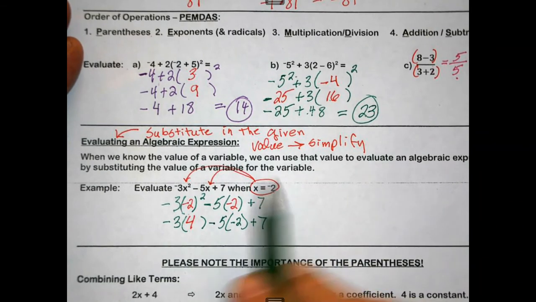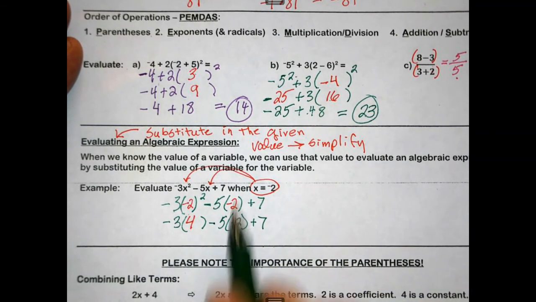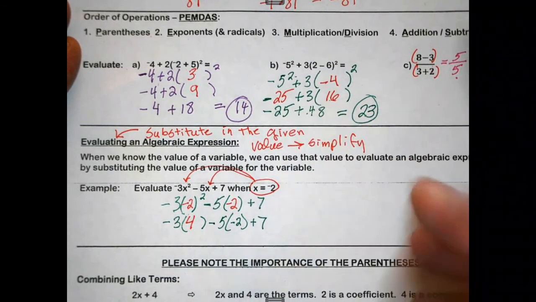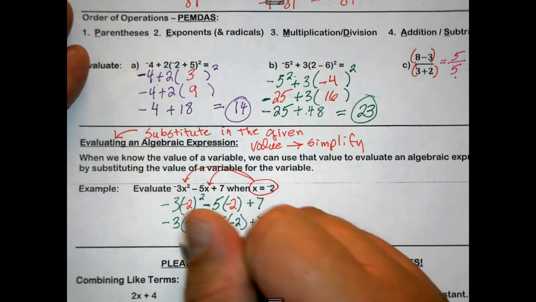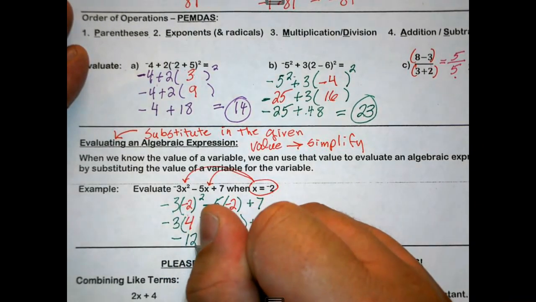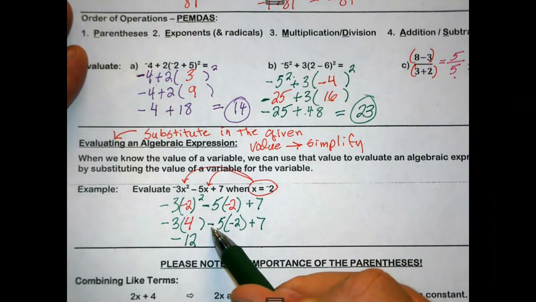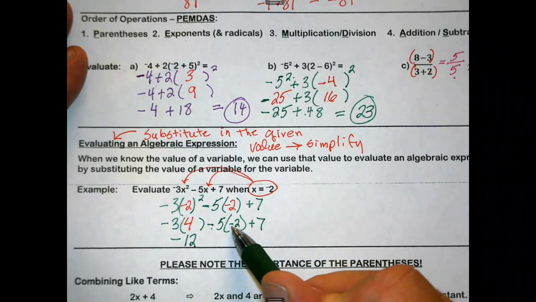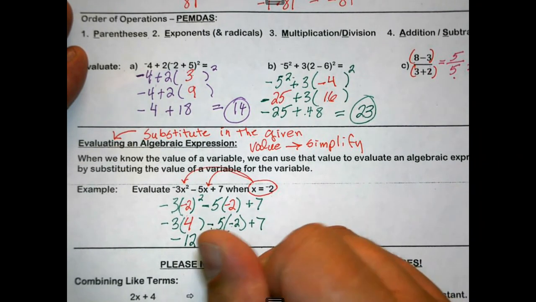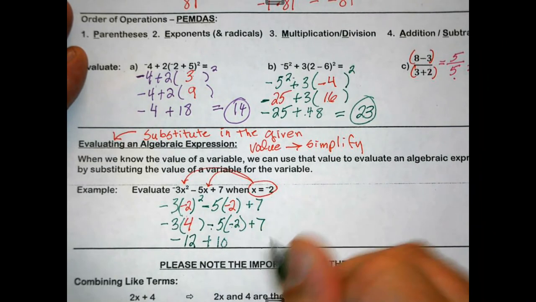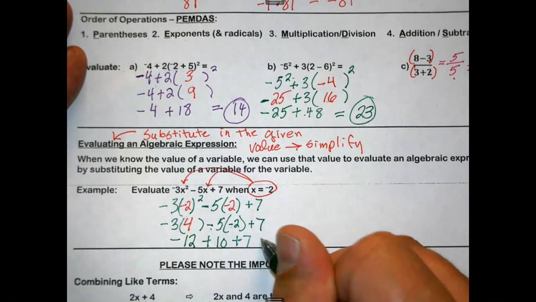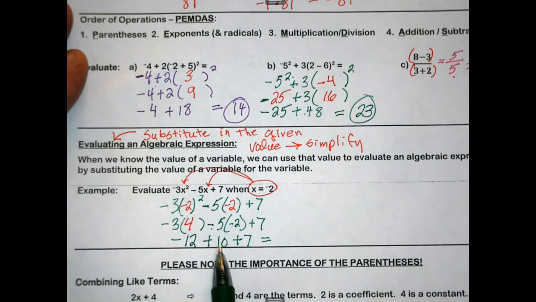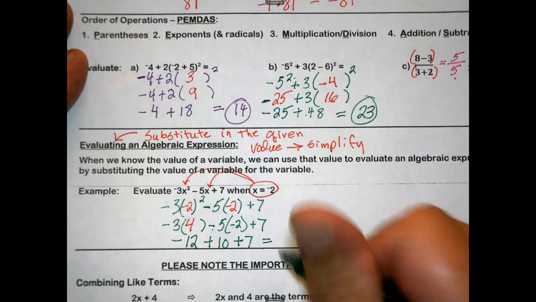No more exponents, so go to multiplication. Negative 3 times 4 is negative 12. Now negative 5 times negative 2 gives a plus 10, plus 7. Negative 12 plus 10 is negative 2, plus 7 is 5.